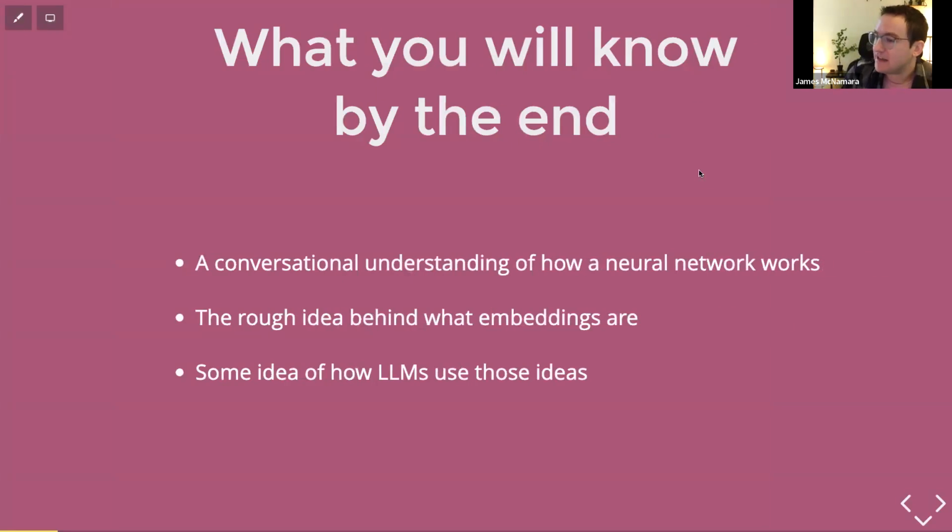What we'll know by the end of this talk is a conversational understanding of how neural networks work. You'll be able to talk about them and their inner workings, but not implement them. We'll have an idea of embeddings and what those are, and some idea of how LLMs use those two techniques to get the results that they do.